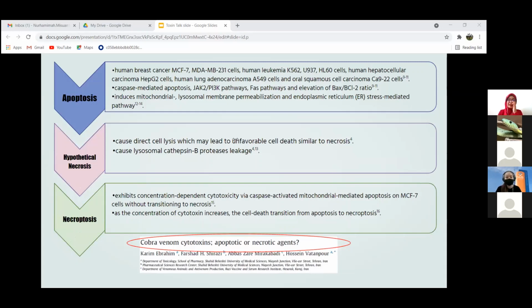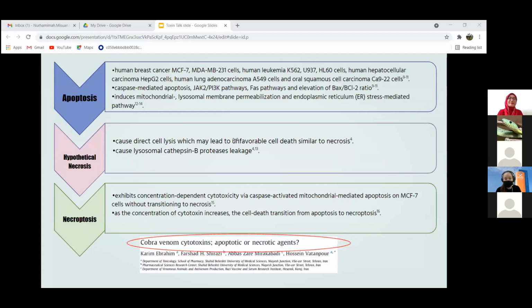And another study by Hugh and Yap reported that as the concentration of cytotoxin increases, the cell death transitions from apoptosis to necroptosis. This study supported the previous study by Teo and Yap, where they mentioned that no necrosis occurred when the concentration of cytotoxin increases.